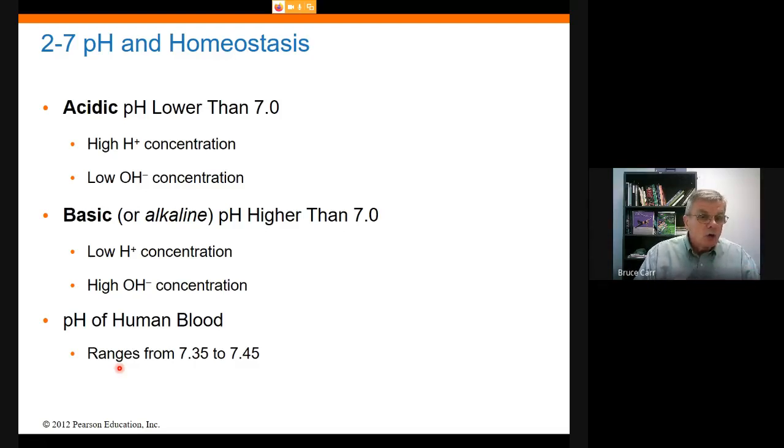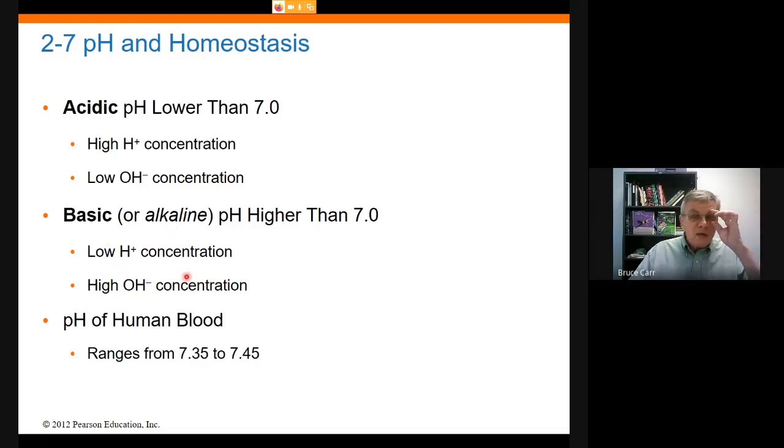The lower pH indicates a higher hydrogen ion concentration. If you add substances that consume the hydrogen ion and enhance the hydroxide ion, then the pH goes up above 7. If the hydrogen ion drops to 10 to the minus 9th, that's pH 9. And now we're in a basic or alkaline condition.